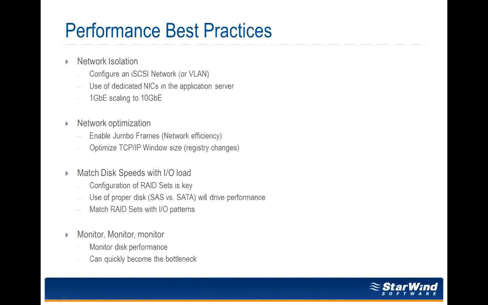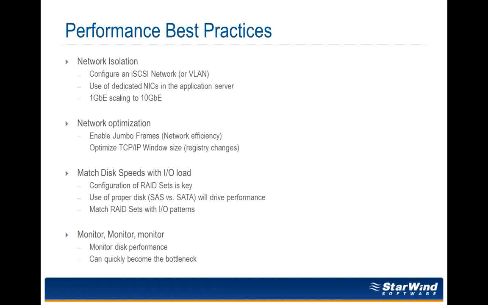Now, one of the things that always does come up is performance. And so, it's important to understand where the moving parts are when it comes to performance. This is going to be particularly noticeable as you go through the process of consolidating physical boxes onto a virtual platform like vSphere.